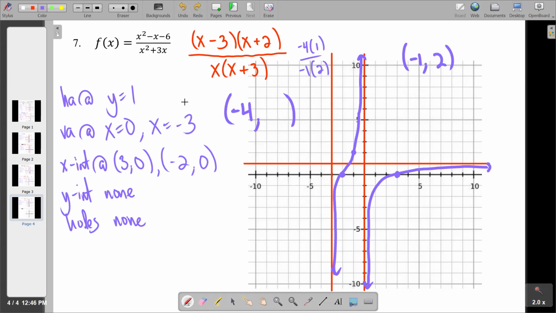So if you put in -4, you get -7 times -2 over -4 times -1, which is 14 over 4, which is 3.5. And that means I can go put a happy little dot at -4, 3.5. And there it is. The mystery is solved.